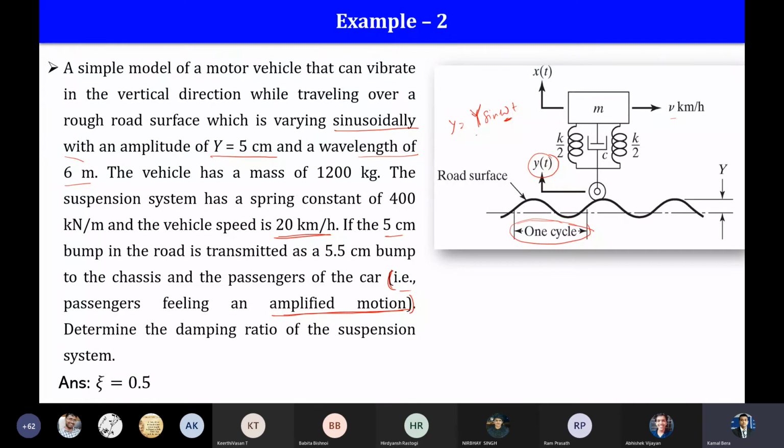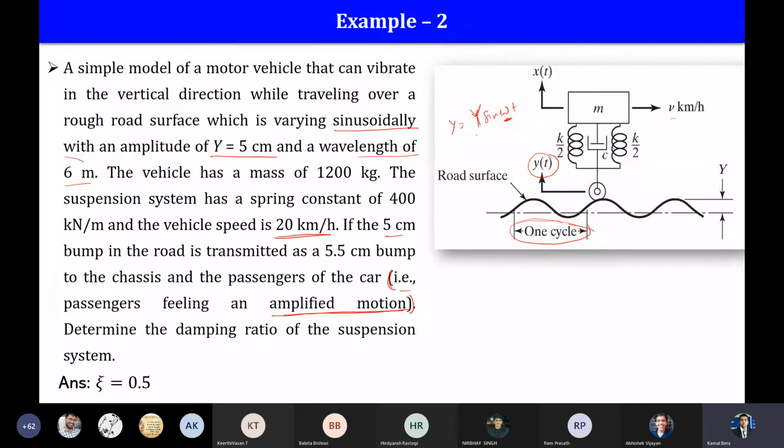So there may be some calculation mistake, or it depends on how many digits you are taking. Because it's a square function, it can vary. So you see how high it is. It may be even 60%, 70%.